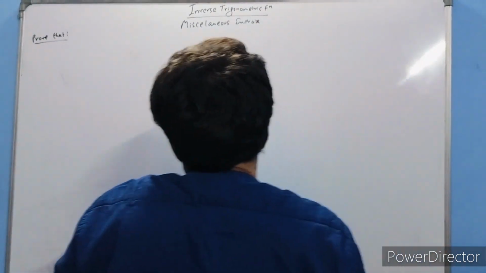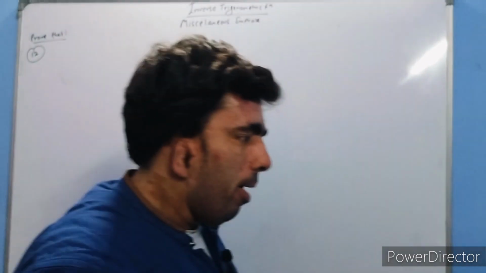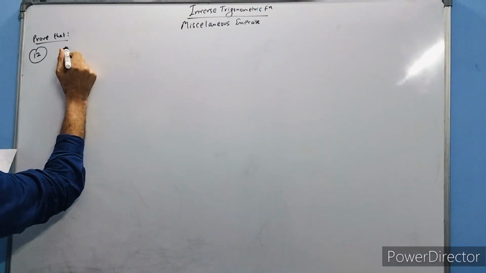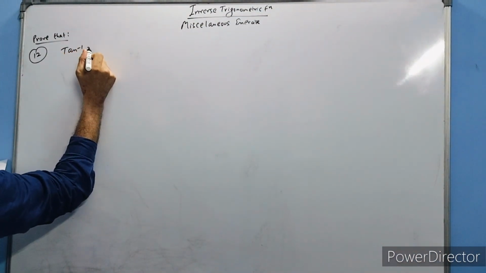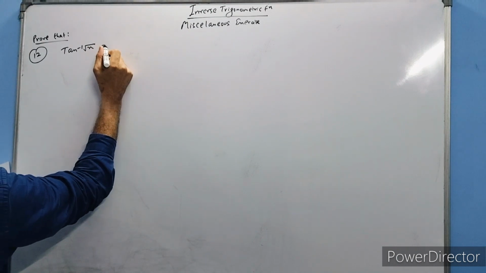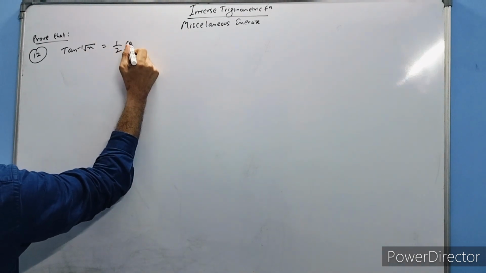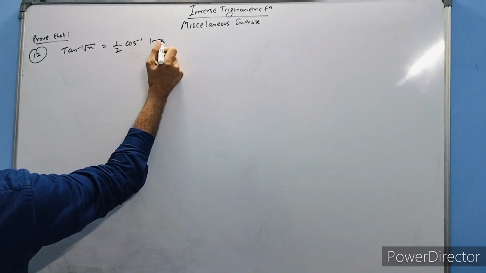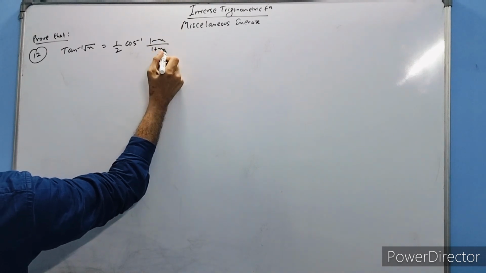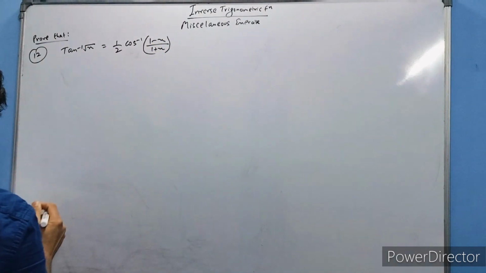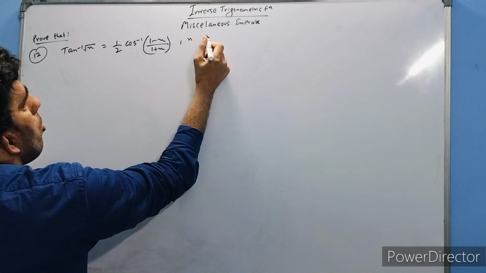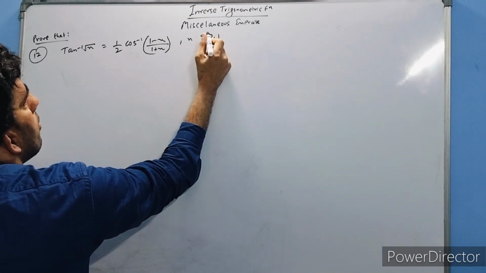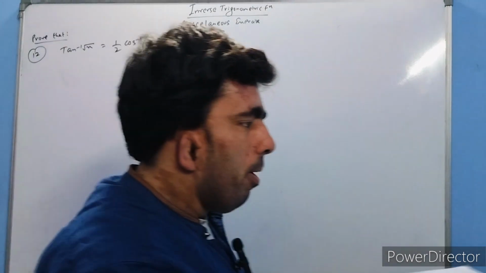Now what is given in the 12th question, that we need to prove tan inverse root x is equal to 1 by 2 cos inverse 1 minus x upon 1 plus x. Now they have given that x belongs to 0 to 1. So now what we can do here?